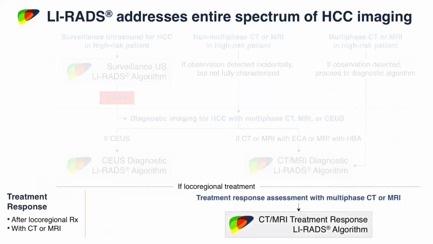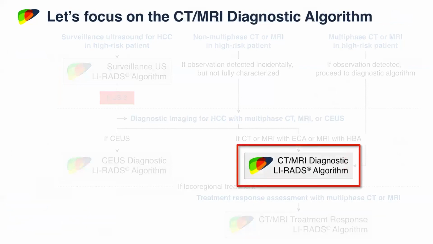And LI-RADS applies to treatment response using CT and MRI. So the entire gamut of different contexts of use. Today, however, in the interest of time, we'll focus on LI-RADS for diagnosis using CT and MRI, and I'm not going to further talk about contrast with CEUS or with ultrasound or with treatment response.